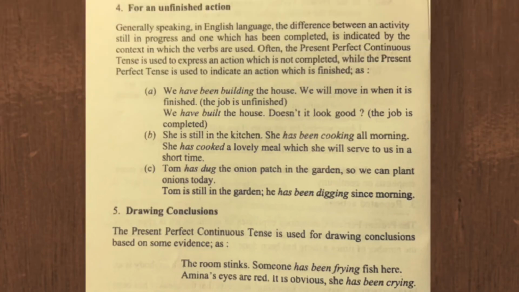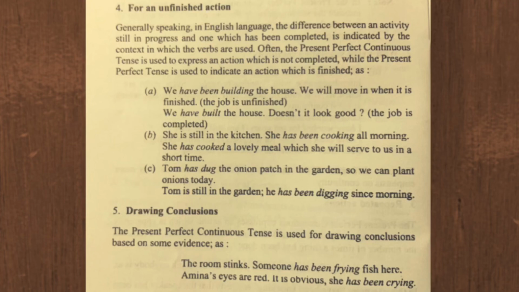Point 4. For an unfinished action. Generally speaking, in the English language, the difference between an activity still in progress and one which has been completed is indicated by the context in which the verbs are often used.